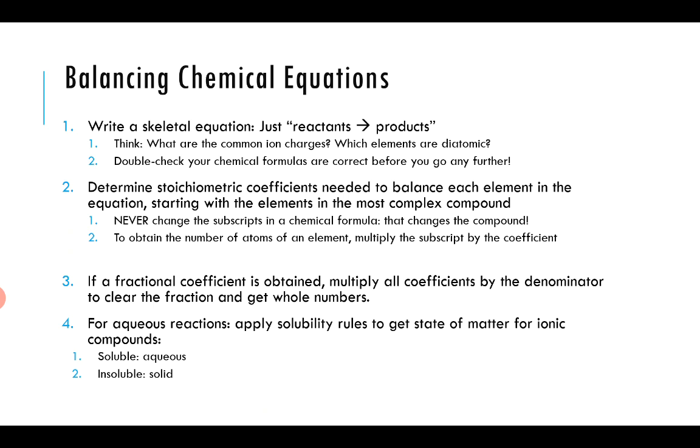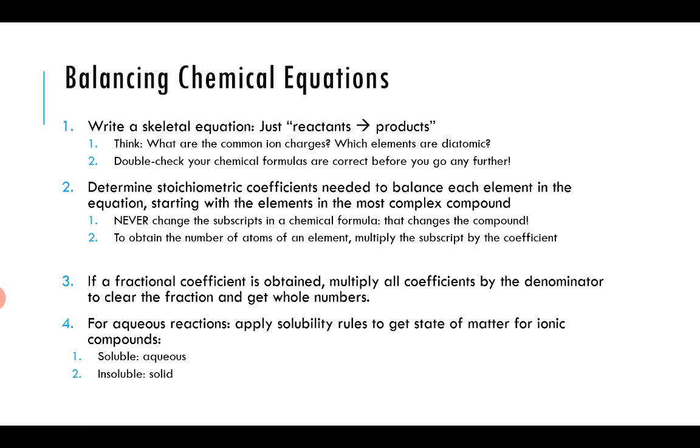After we get those correct, then we can start getting our stoichiometric coefficients written in front. I would focus on balancing really complicated chemical formulas first, or things that appear in really complicated formulas, and save pure elements for the end. And then sometimes you might end up with a fraction, or it would be really convenient to end with a fraction, but we can't have half of a molecule.